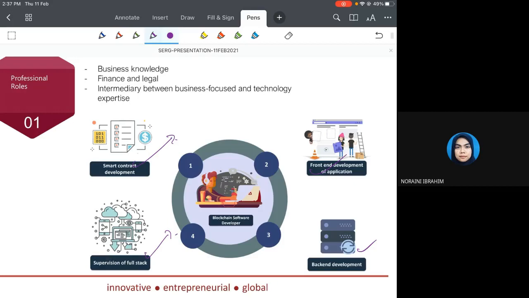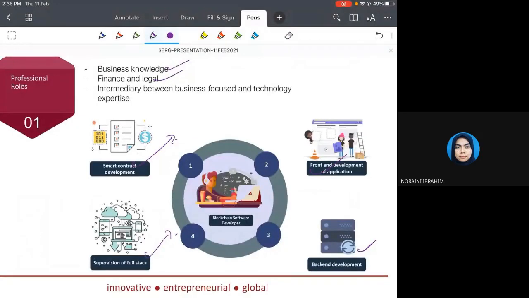Another one, you need to know about business knowledge, the financial and the legal and so on, because blockchain is highly dependent on the contract, the smart contract. So for software engineering practices, it's very suitable, because as software engineers we need to know about the domain.